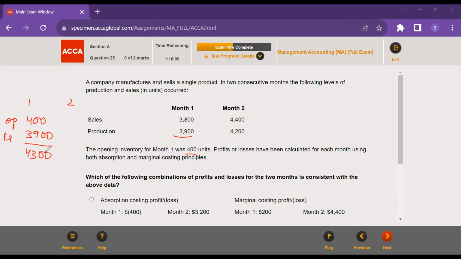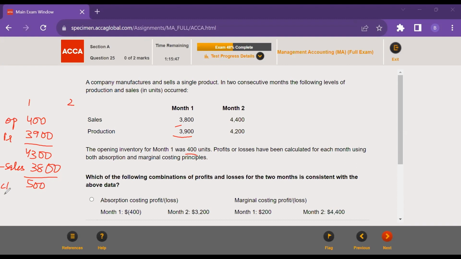Now out of this 4,300, I have sold 3,800. So I subtract my sales, 3,800, and I'm left with 500 units, which becomes my closing inventory, right?